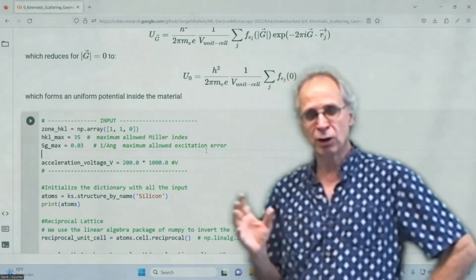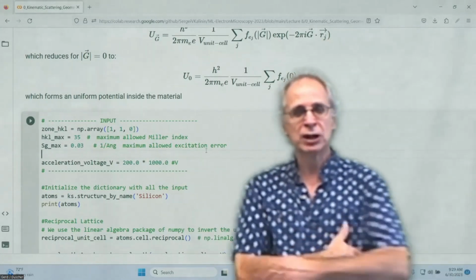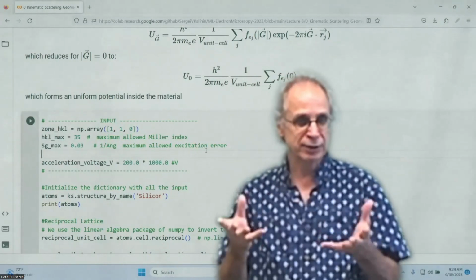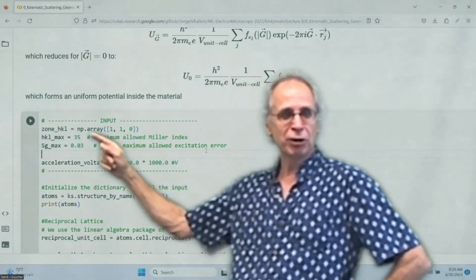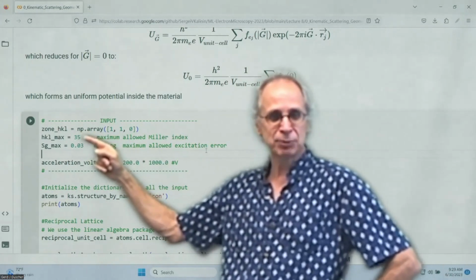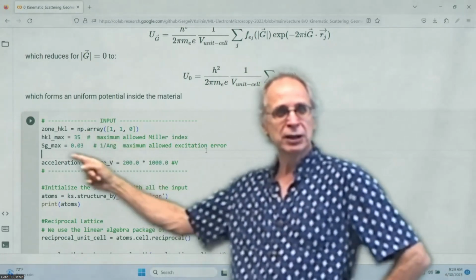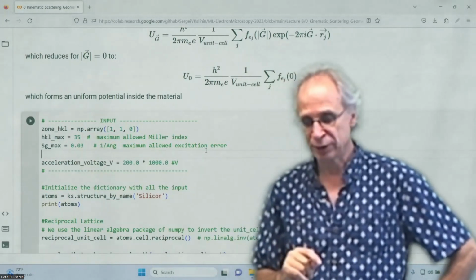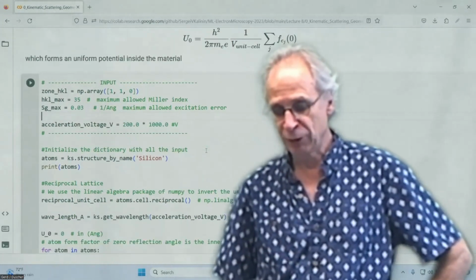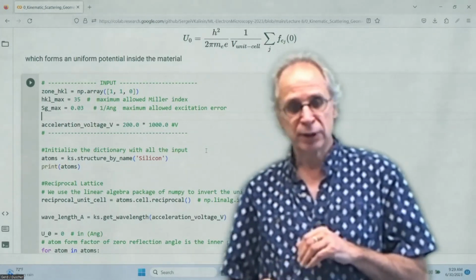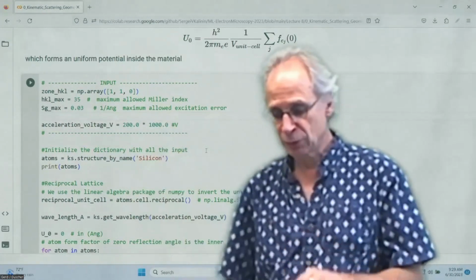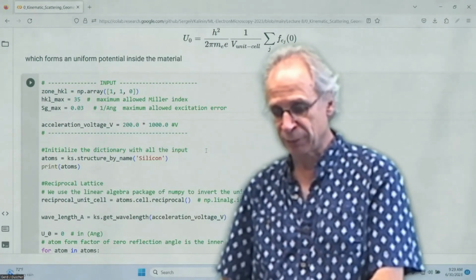And if you go back to the notebooks that we used when we did the Fourier analysis of the images, you see we used very, very small HKL max because we didn't want to go out far, and our excitation error was small as well. So only very, very bright peaks are there. Acceleration voltage consistent to our electron microscope.